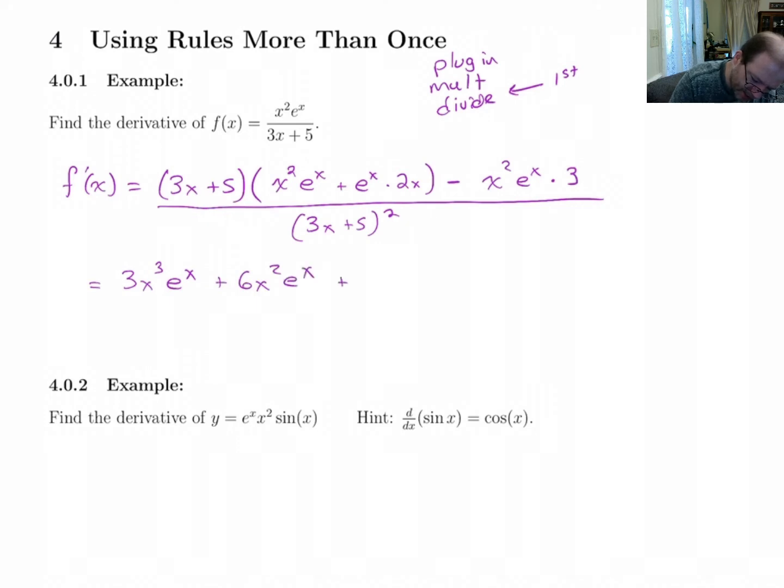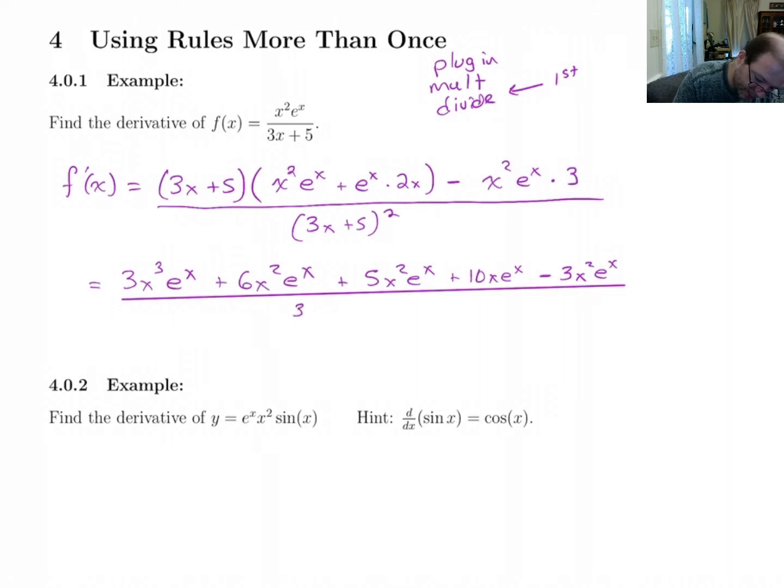Inside is going to give us 5x squared e to the x. And last is going to give us 10x e to the x. Then we're subtracting off 3x squared e to the x. And we've still got this denominator down here of (3x plus 5) squared.